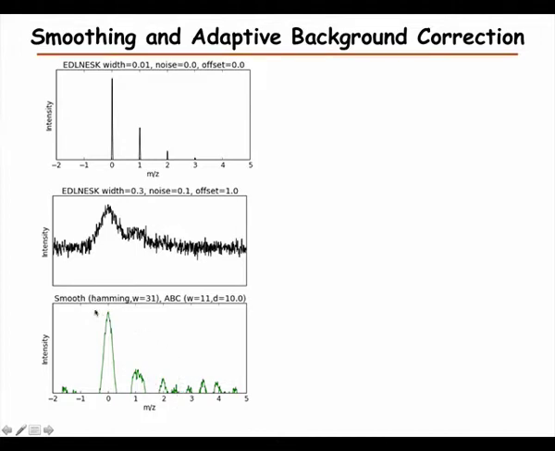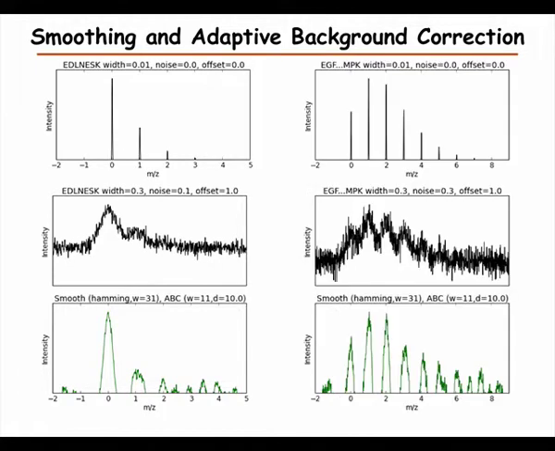But when we apply adaptive background correction, we get the first three peaks. But these are all noise peaks here, so we do sort of create peaks out of the noise also. So that's the tricky part: with all these filters that we apply, one has to be careful how to use them.